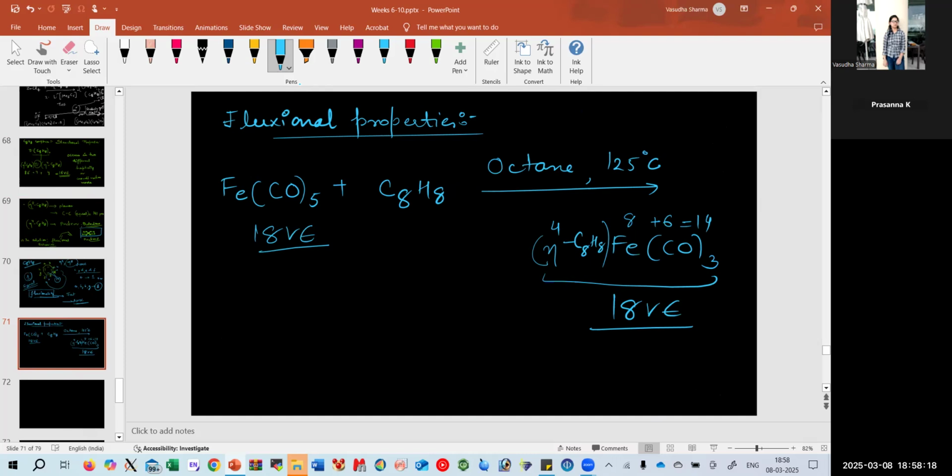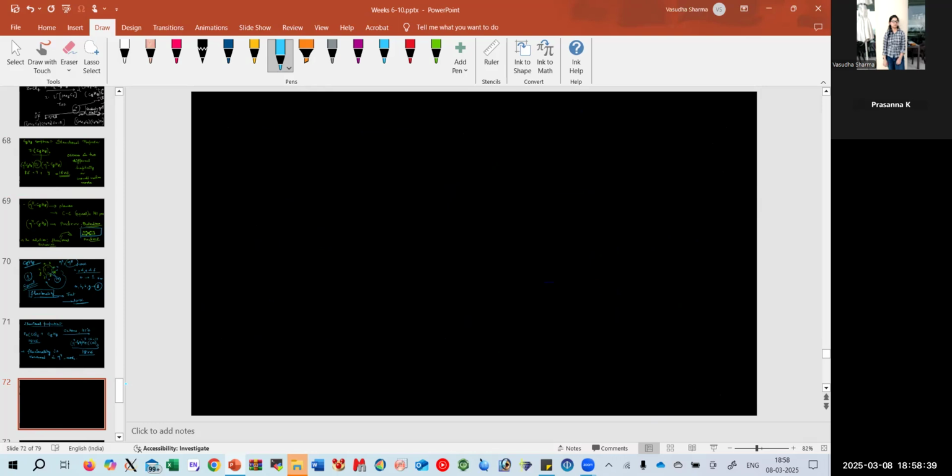Now, as we said, fluxionality is observed in eta 4 mode. So in this particular case, say for example, iron, and here you have, I'm just making this system, or you can make a bucket system also.